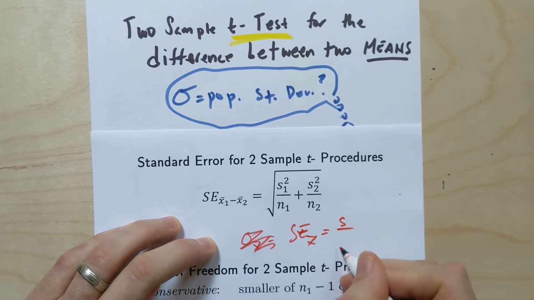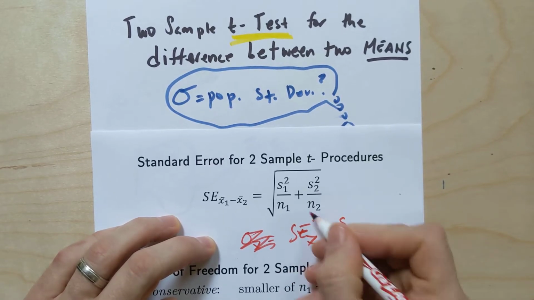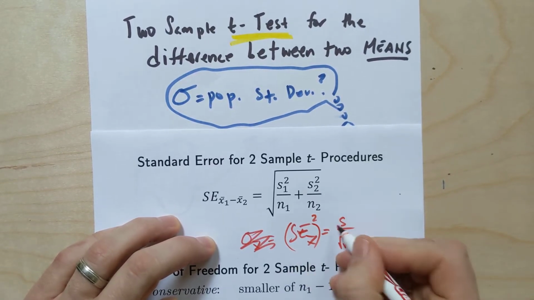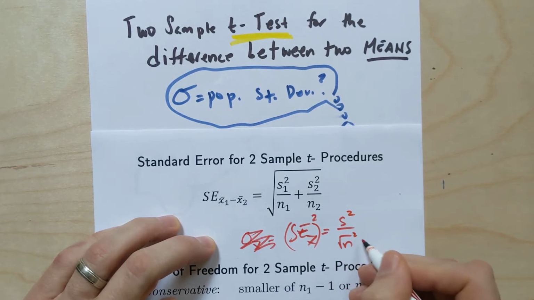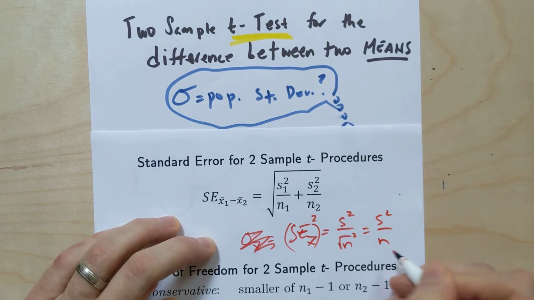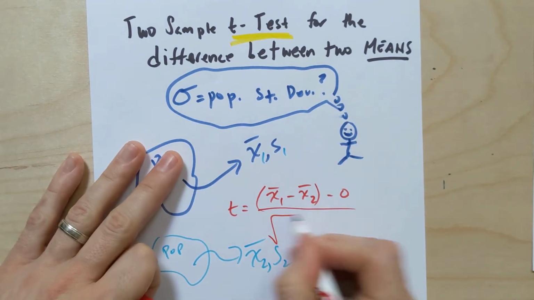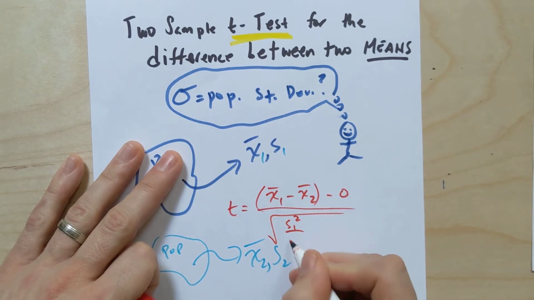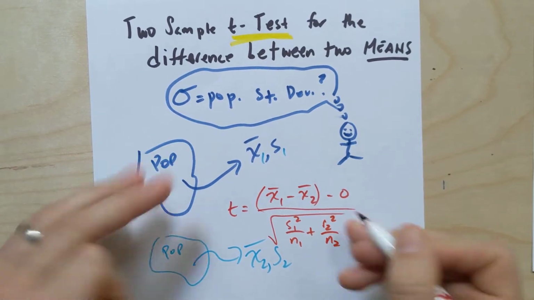And if you took a sample standard deviation divided by root n, and you squared that guy, that becomes the variance, right? And then when we square this, you get that guy squared, and of course, the square of the square root of n just becomes s squared over n. And so we're adding the variances here. We'll take the big square root of s1 squared over n1 plus s2 squared over n2, and that'll be our standard error.